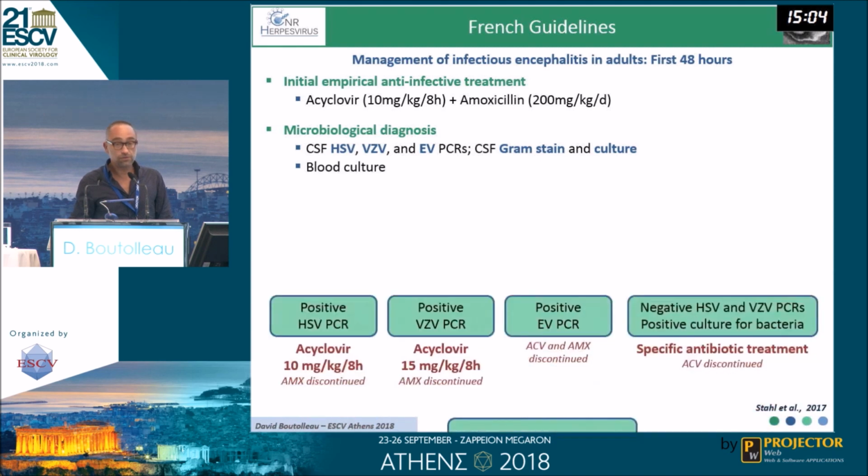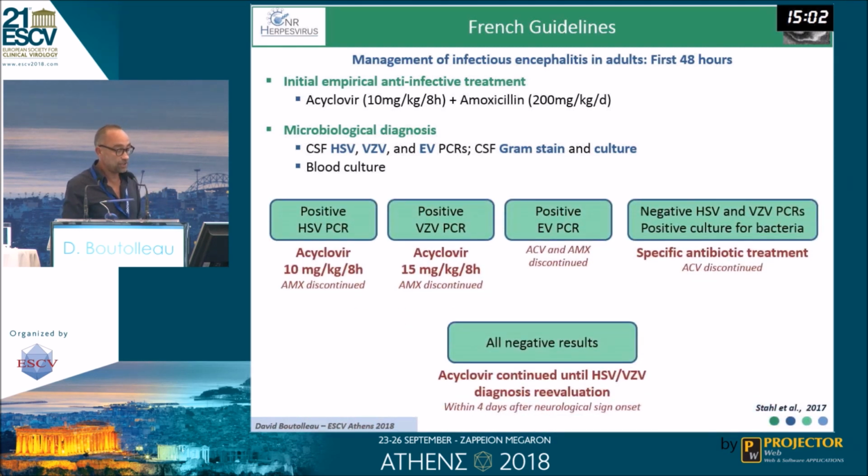Then, according to the results, if HSV PCR is positive, acyclovir treatment is maintained and the antibiotics are stopped. If the VZV PCR is positive in the CSF, acyclovir is maintained at a higher dose than for HSV, and antibiotics are stopped.